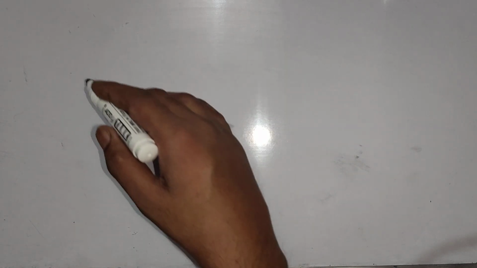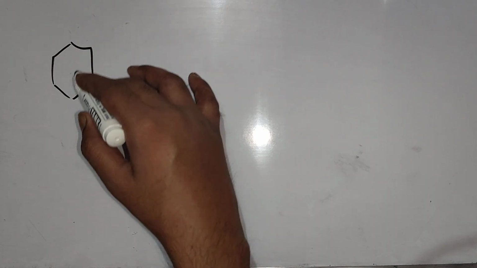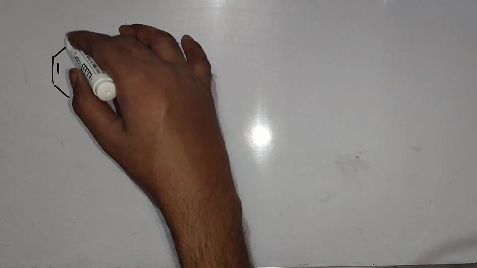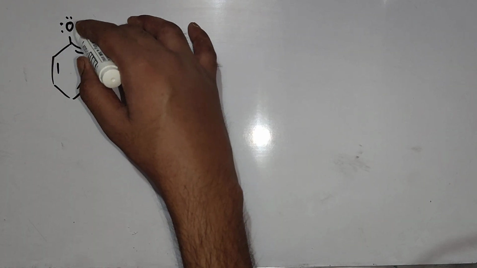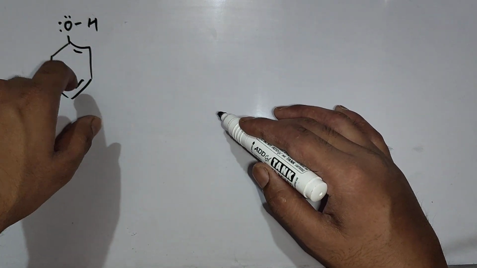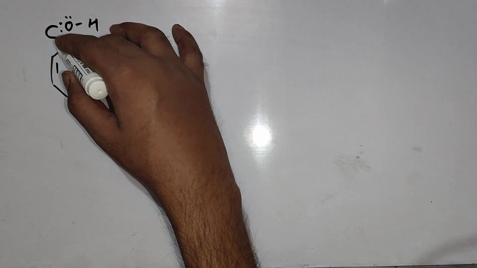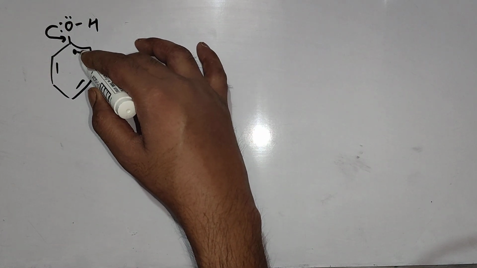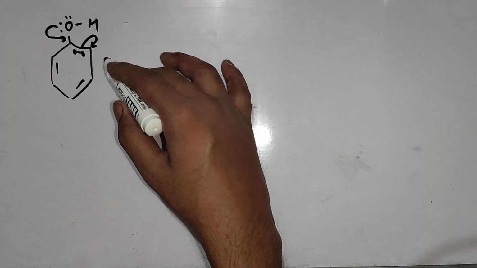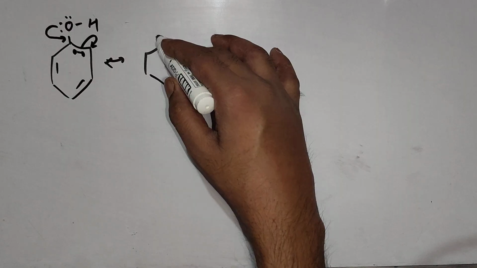For its reason, you need to draw their resonance. This is phenol. As you know, this benzene ring is getting electrons due to resonance like this. Lone pair of oxygen will come here. Pi electrons will shift here. I will not discuss it again, many times we have discussed. Directly I am going to draw it.